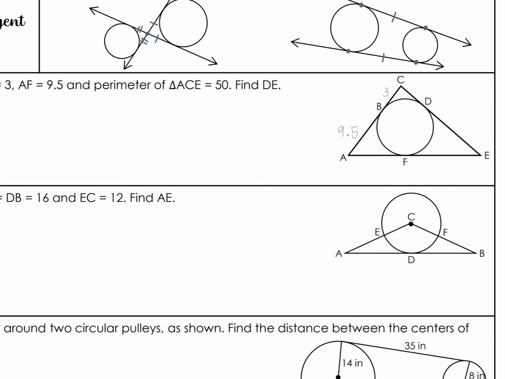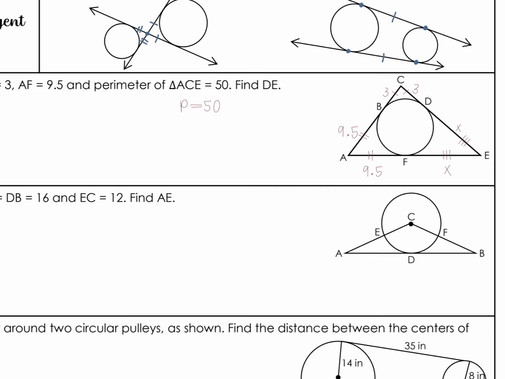We want to find DE, so I'm going to call this X, given that my perimeter, my P, is going to be 50 around that triangle. All right, so we can apply the congruent segments that we had just talked about to say that this length will also be 3, that this length down here will be 9.5, and that this length will be X.